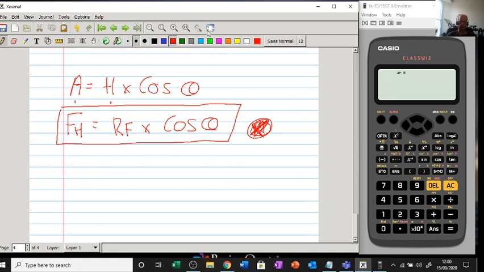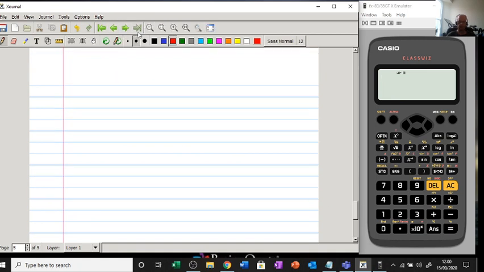I'll do an example to make it a bit clearer. So if I've got a resultant force like this, 50 newtons, that's going to be made up of a horizontal force and a vertical force, FV.